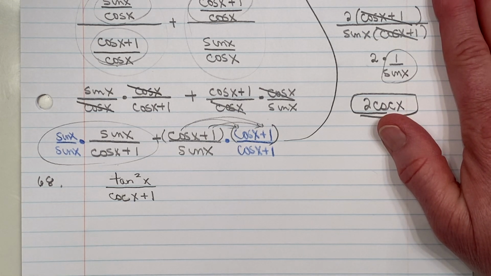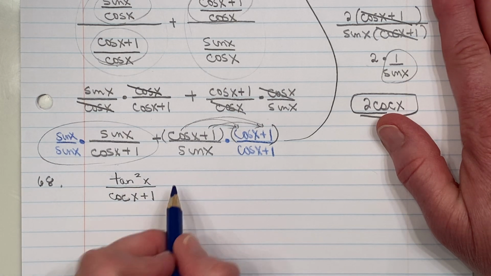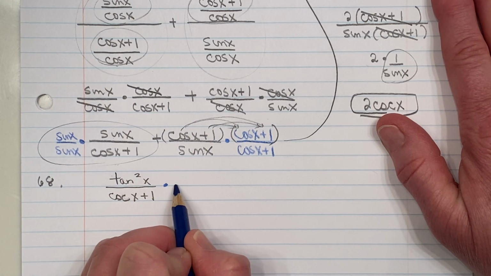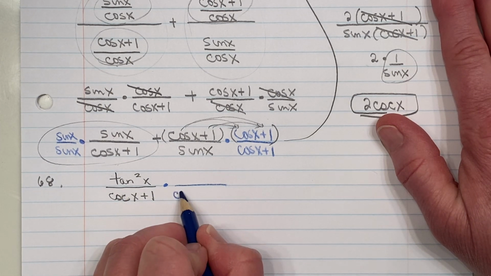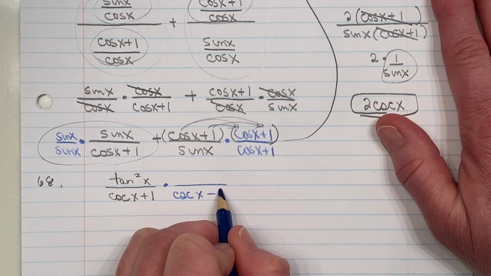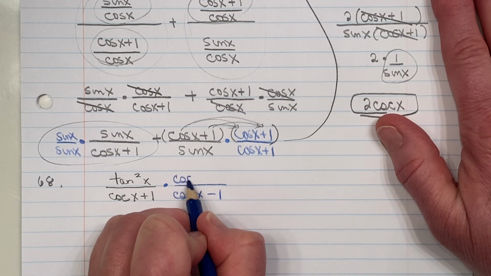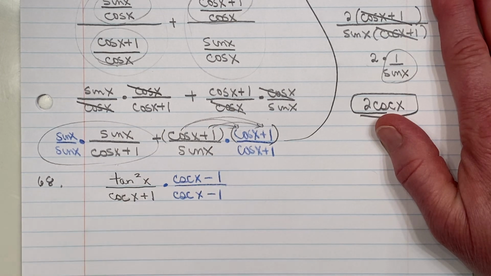For these two problems, when you're not adding or subtracting fractions, but you don't want a fractional answer, I would say that to enter into these problems, it might be best to multiply this by the conjugate of the denominator. Remember, the conjugates just change the operation.